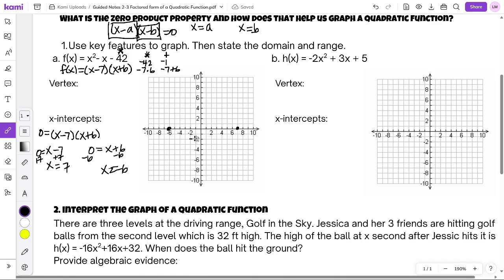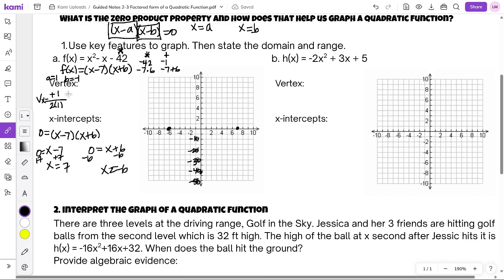This will be negative 10, negative 20, negative 30, negative 40, and negative 50. All right, so negative 42 would be about right there. All right, let's go ahead and find the vertex. So I do the opposite of B. So B is negative 1, A is 1, C is negative 42. So the opposite of B is positive 1 over 2 times 1.